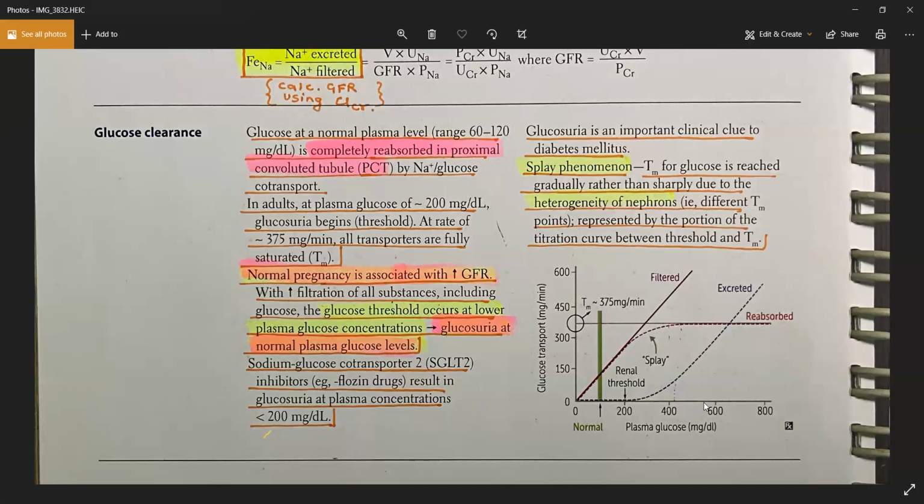If you further increase the plasma glucose concentration, as you can see, the glucose concentration in the urine is rising. A point is reached where all of the transporters get saturated, and now if I further increase the glucose in the plasma, it will be excreted in my urine. I got this kind of graph. And the transport maximum is 375 milligram per minute. This is the saturation limit of tubules, the average saturation limit.